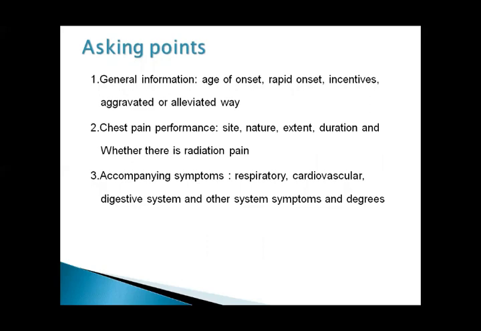Asking points: general information, age, onset, where it may happen, rapid onset, incentives, aggravating or alleviating factors. These are very important. For example, chest pain which is relieved by taking a rest may indicate that it is angina pain, while chest pain which is relieved with antacids means that this pain is gastroesophageal reflux disease due to acid regurgitation.